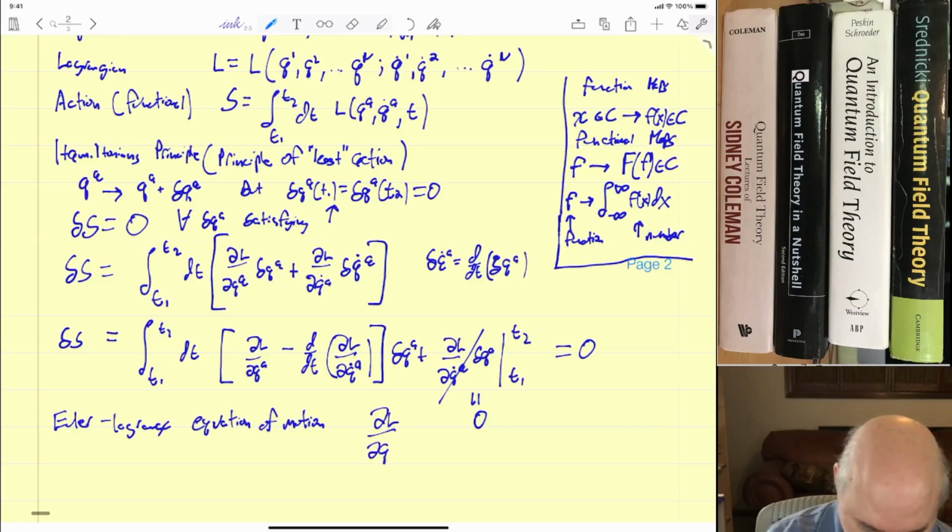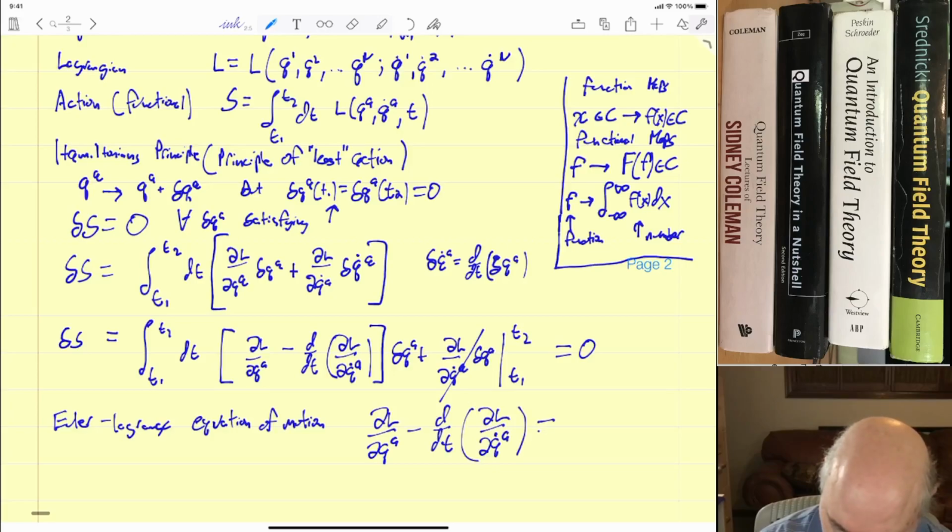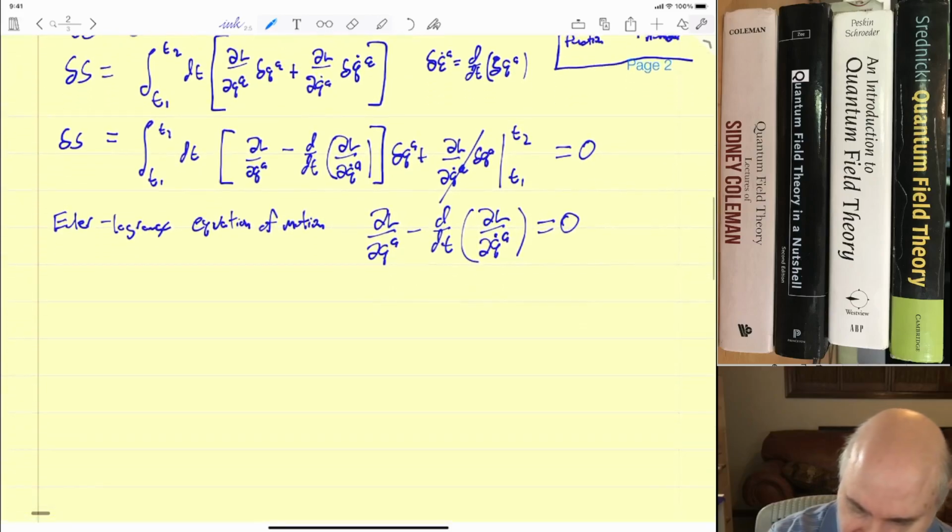Partial of L with respect to q^A minus d/dt of the partial of L with respect to q dot A equals 0. So to illustrate this for the simplest case, classically, we have L equal to T minus V equal to 1/2 m x dot squared minus V of x, working in one dimension.